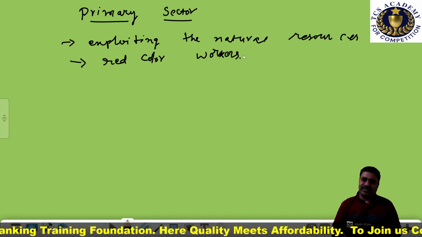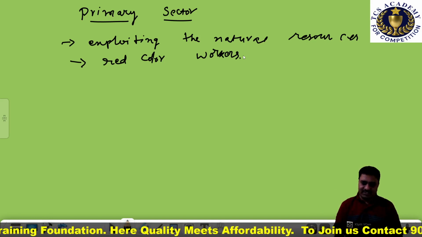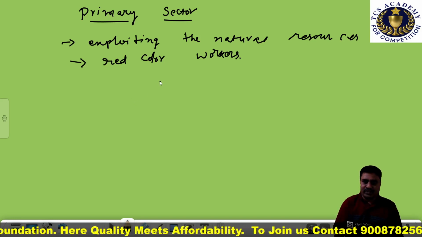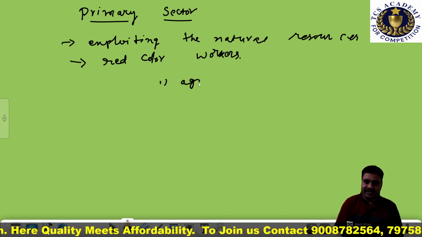So let's take up some examples of the primary sector. One is agriculture and allied activities.